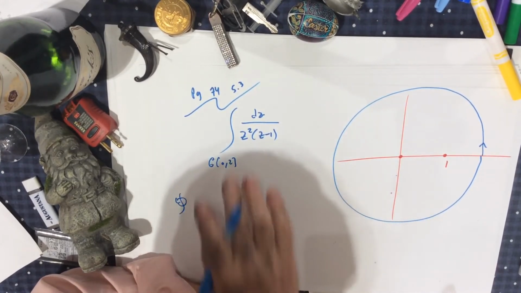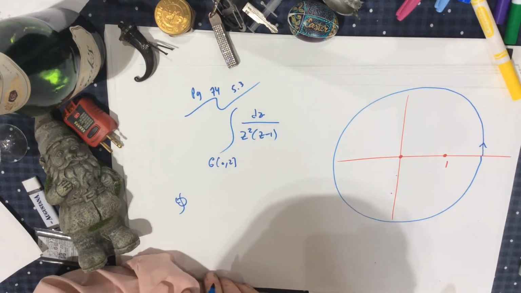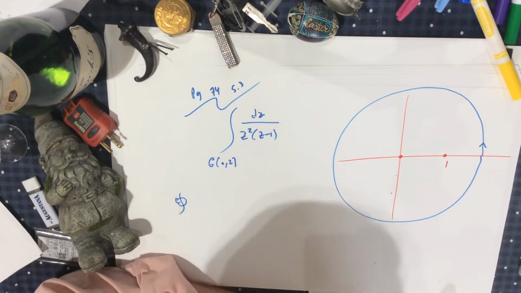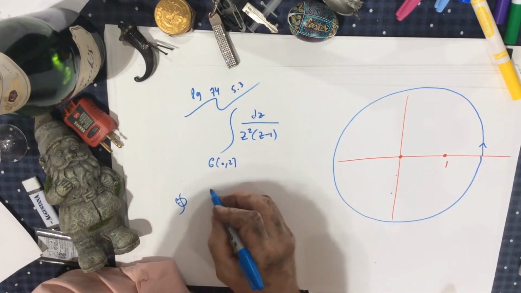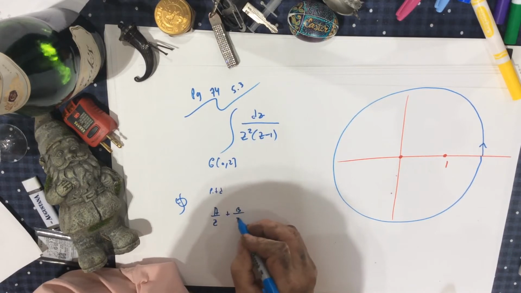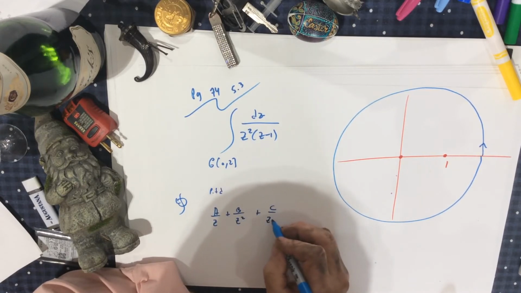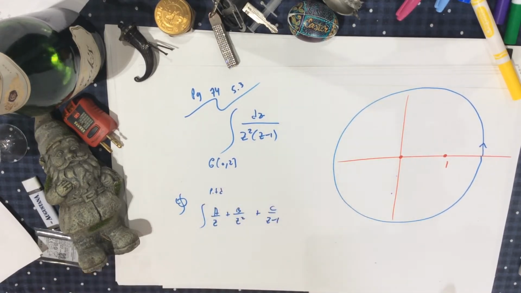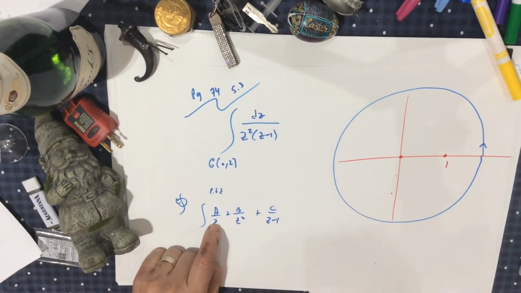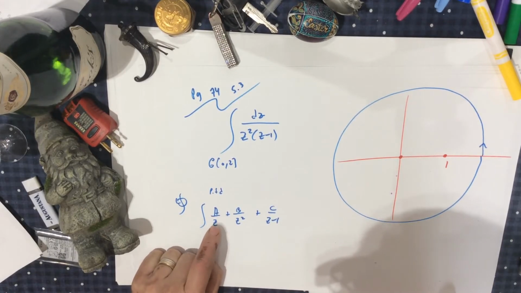Now, we can do this by parametrization. We can use Cauchy's integral theorem if we can get it down to the pieces we want. Well, obviously, using partial fraction decomposition, there's some A, there's some B, and there's some C, and this integral is in 3 parts. And this one will make use of the Cauchy theorem if we get the right path.